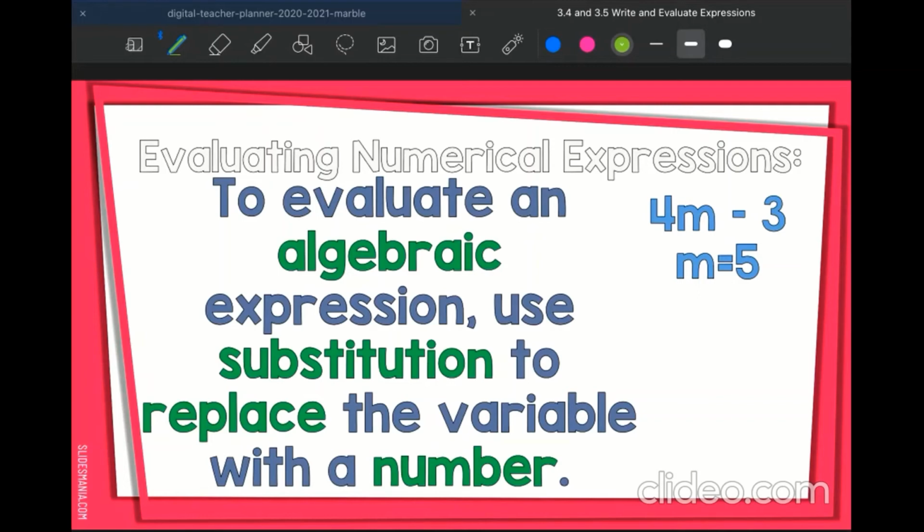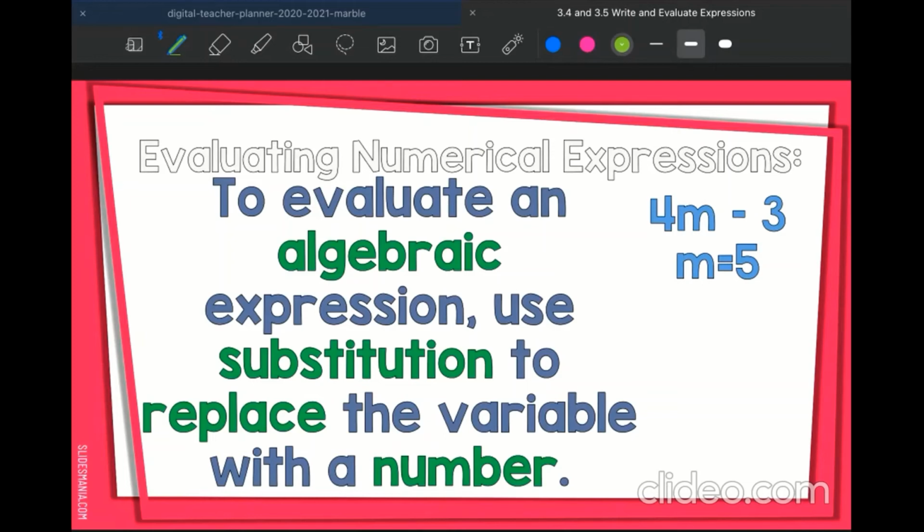All right, so let's talk about this. Let's look at this expression, 4m minus 3. To evaluate this, to solve this expression, all I'm going to do is substitute. I'm going to take out m, and I'm going to sub in my 5. Because it tells me right here in the problem, m equals 5.